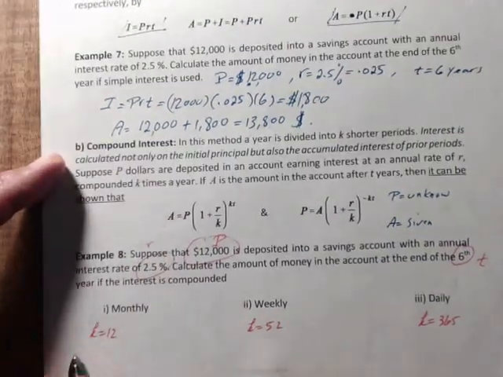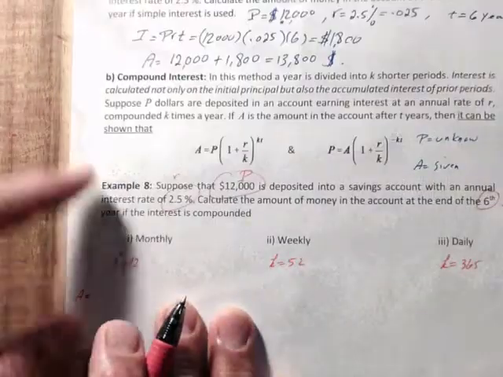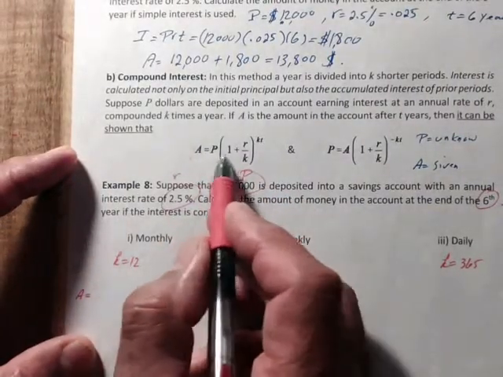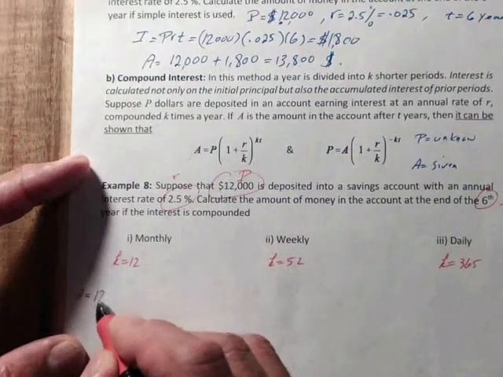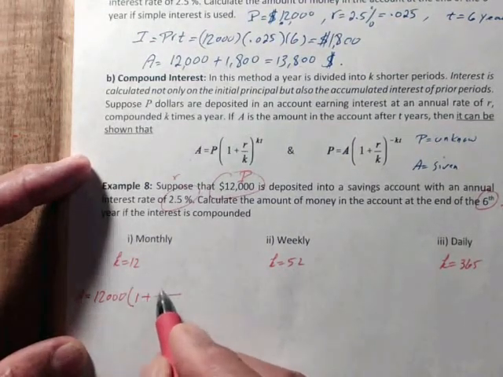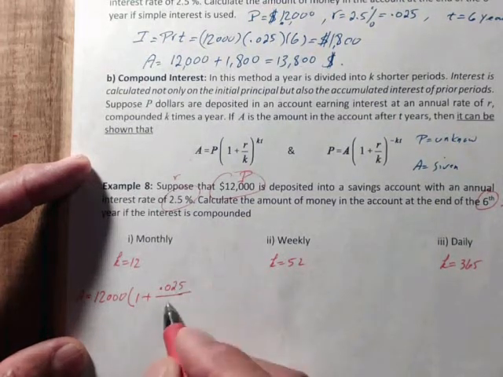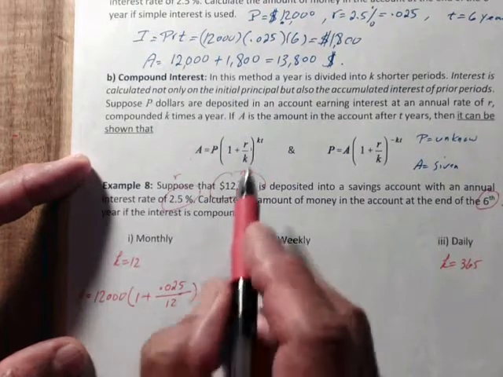So I say A is equal to P, right here, which is 12,000 times 1 plus R, 0.025 divided by K, which is 12, to power KT.